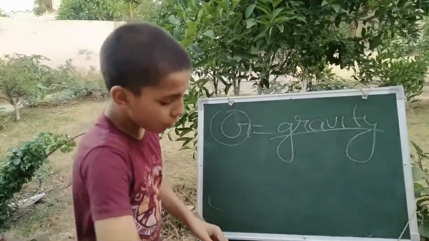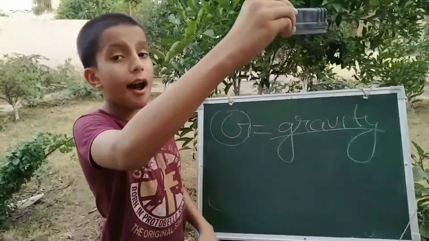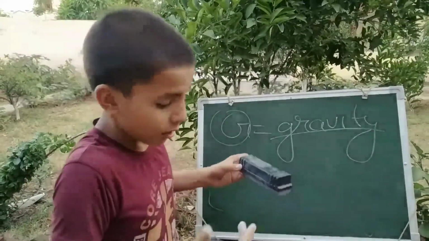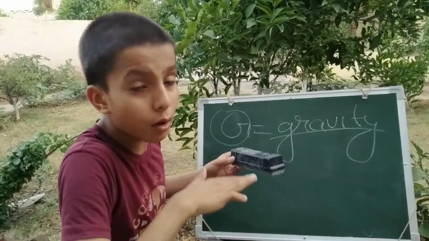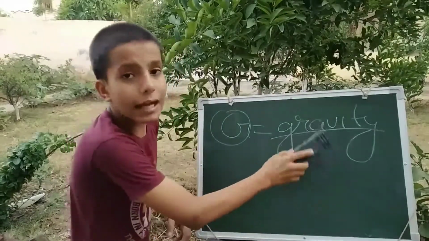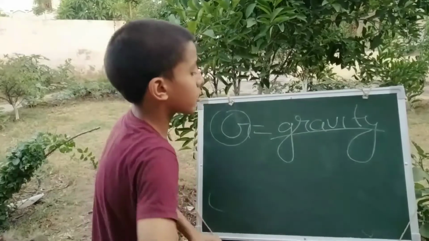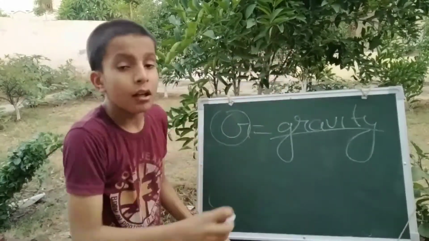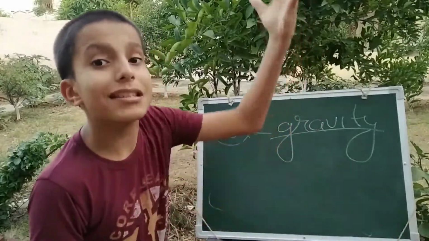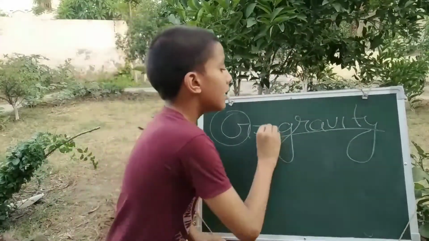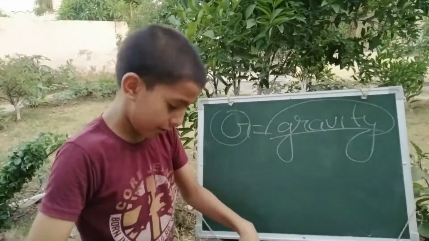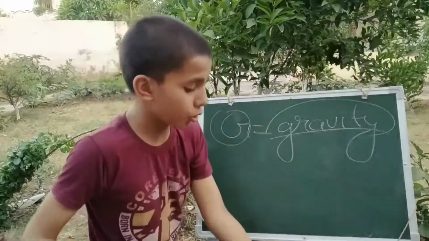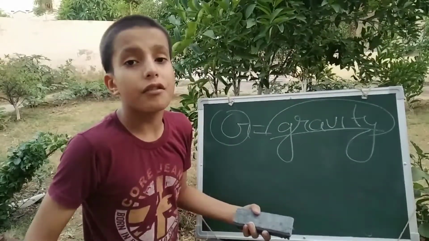When any object is at a height, it is working against which force? There is a force on our earth, and that is gravity. We say gravity, not gravitation, because gravitation is the force that is in space, in the universe. But gravity is the force that is on the earth. This falling is due to gravity, not due to gravitation.